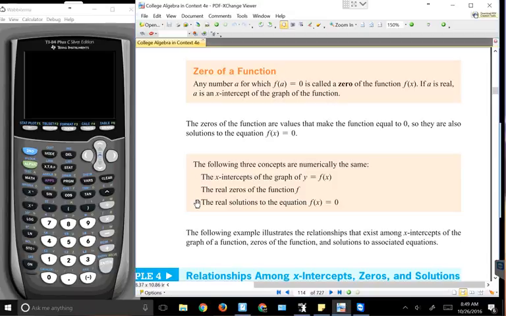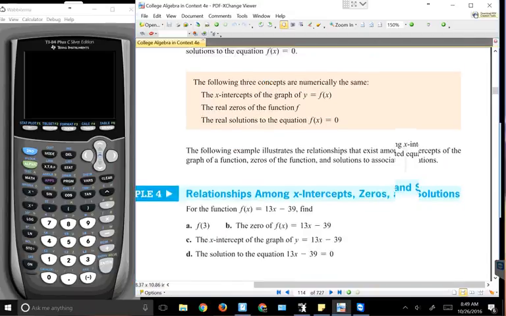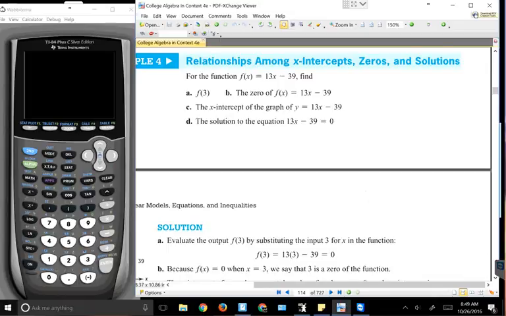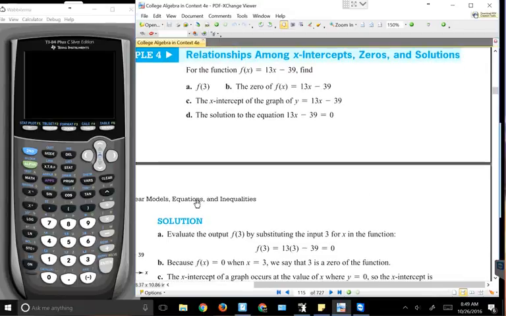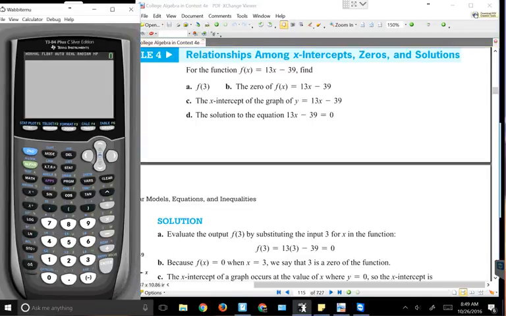That's how it goes. So let's try this. It says for this function, I'm supposed to find what these are. Now, you can easily calculate this out, but I highly recommend using the graphing calculator for this.